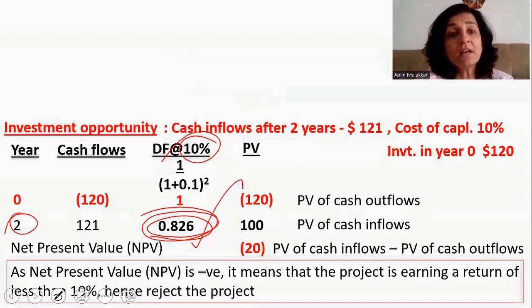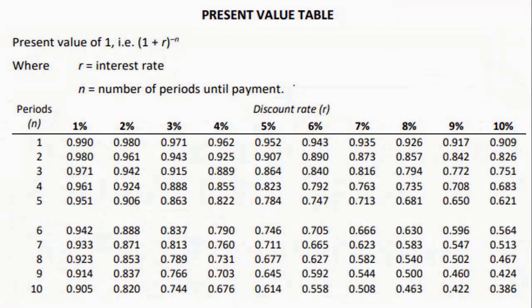So just remember, the interest rate is 10% and the year is 2. In the present value table, for 10% and year 2, it is 0.826. So we get the very same figure that we had calculated using the formula.